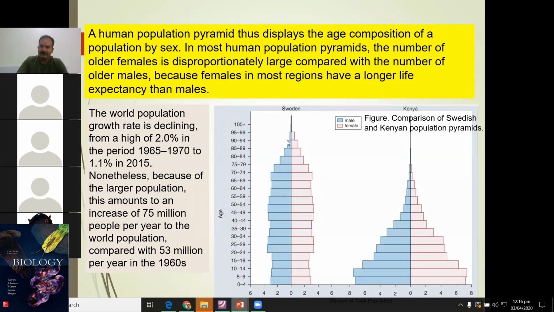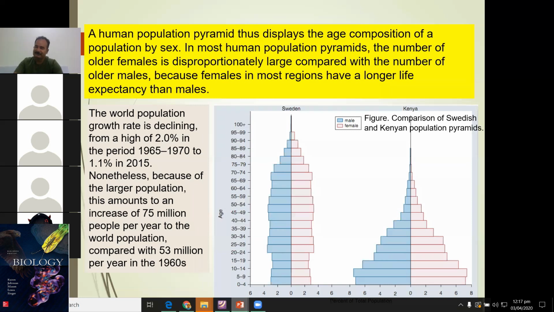And life quality in Sweden is comparatively high as compared to Kenya. In the case of Kenya, we can observe 7% of the population living in Kenya is about 4 years old. If we look at the adults, the number of adults is comparatively less. Why is this less?